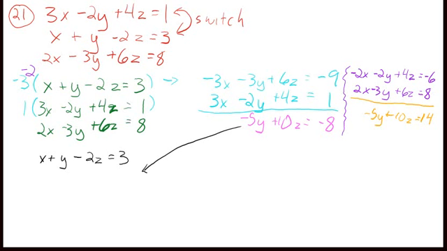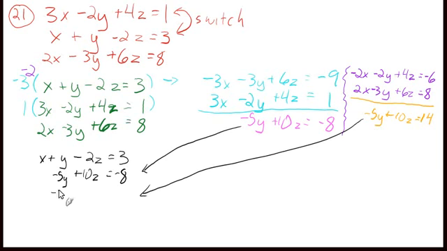Sorry, this is taking a second. So we should put this up, line it up with the y's. Negative 5y plus 10z equals negative 8. And this guy's going to come and be our new third one. Negative 5y plus 10z equals 14.